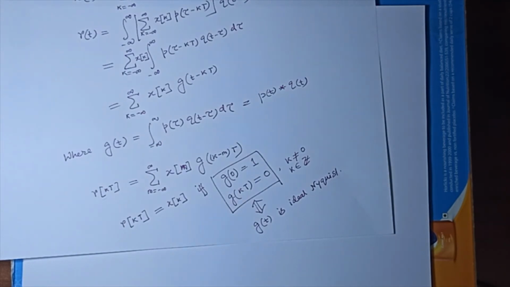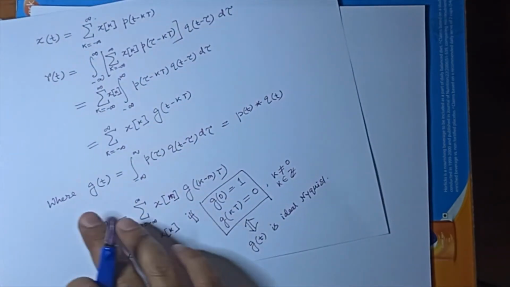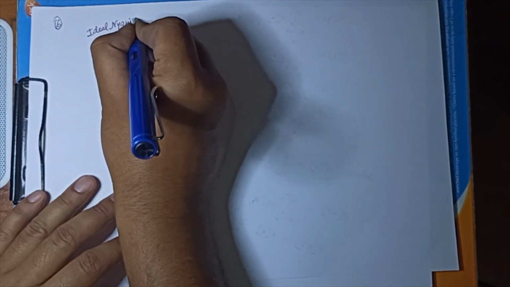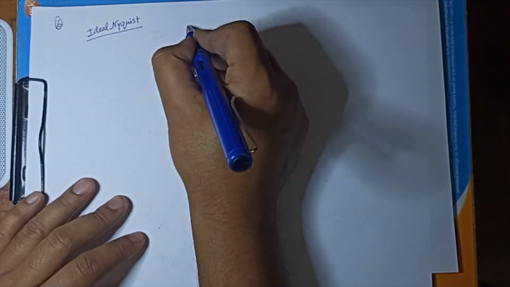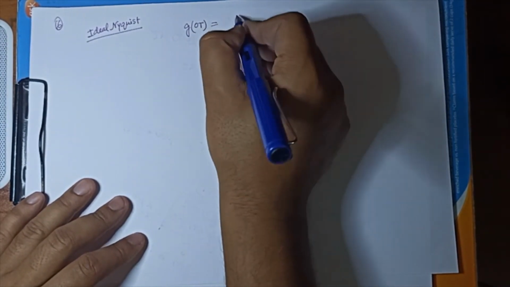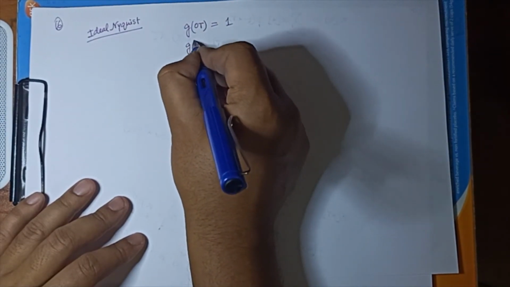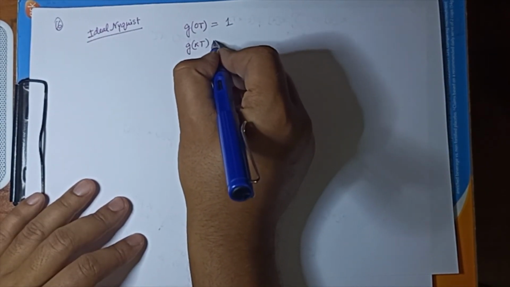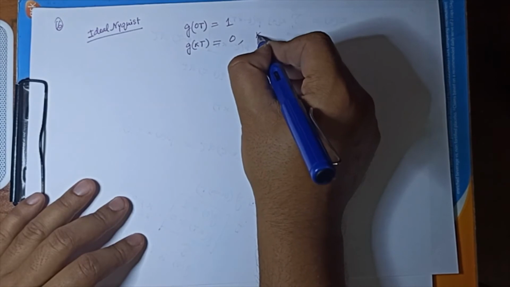An example of g(t), obviously sinc is one example, which is already known. Ideal Nyquist means g(0) is 1 and g(kT) is 0 for all other k.